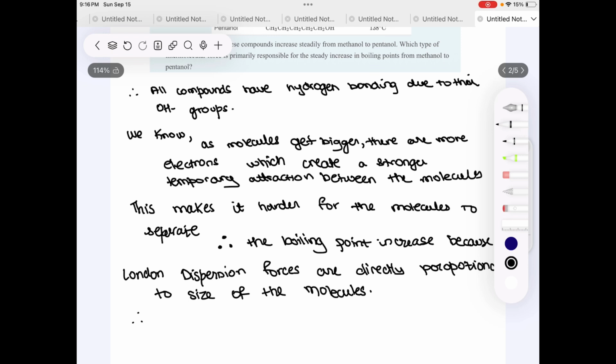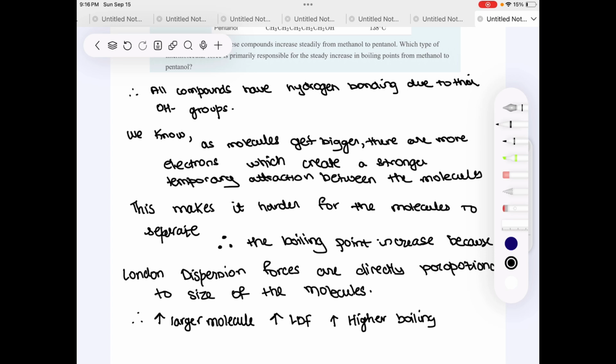Therefore, the larger the molecule, the stronger the London dispersion forces, which give us higher boiling points.